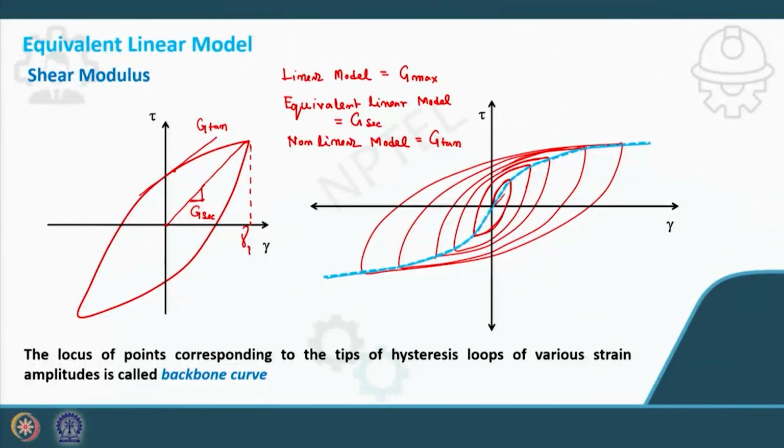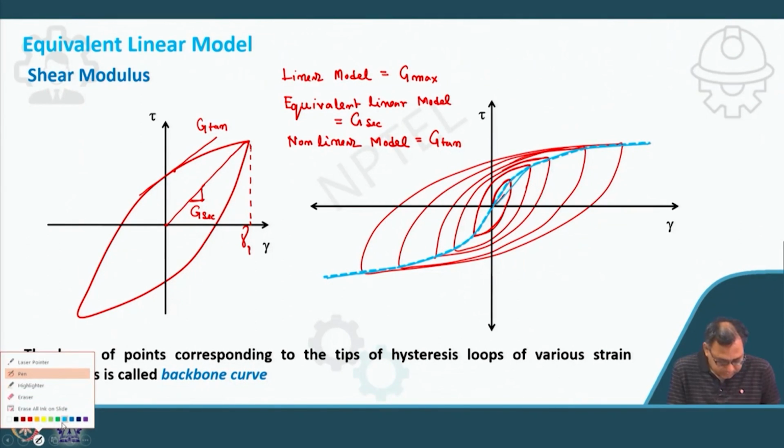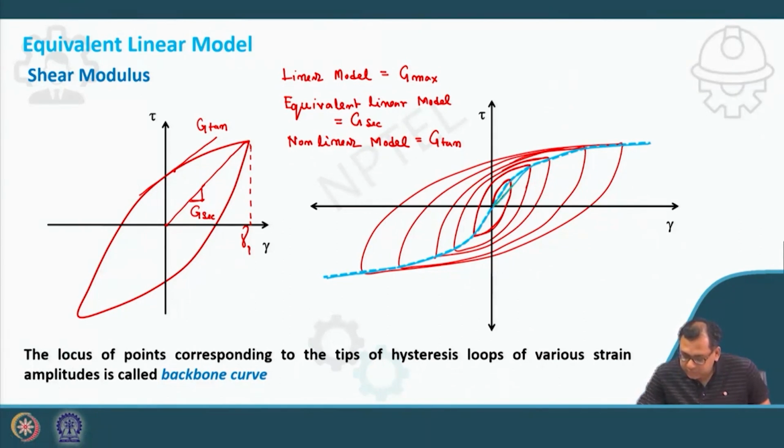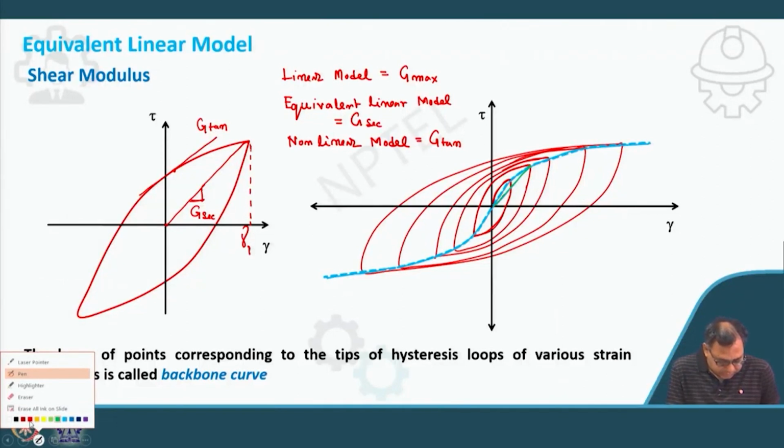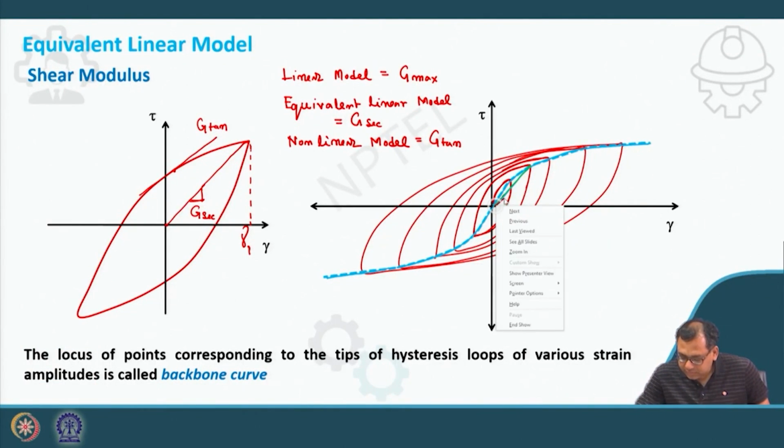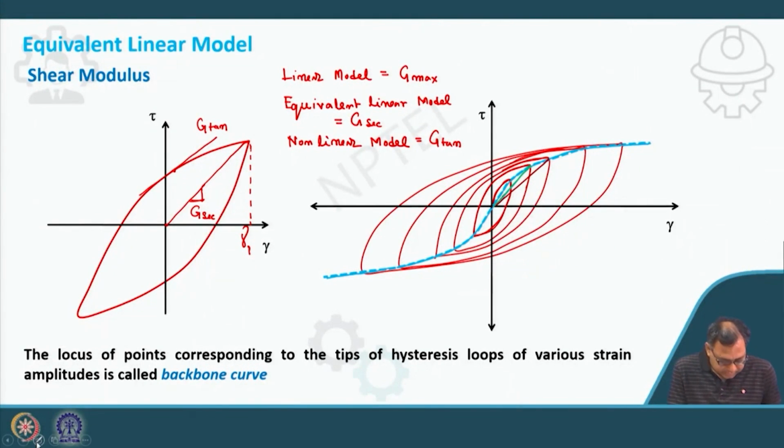So I can draw a number of secant shear moduli. This is one shear modulus, this is another secant shear modulus, and this one is another secant shear modulus.